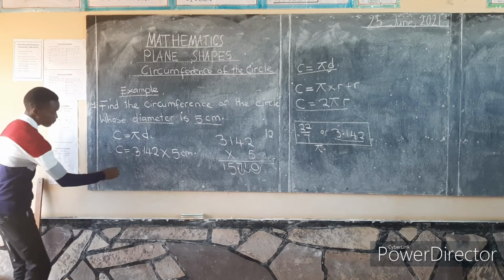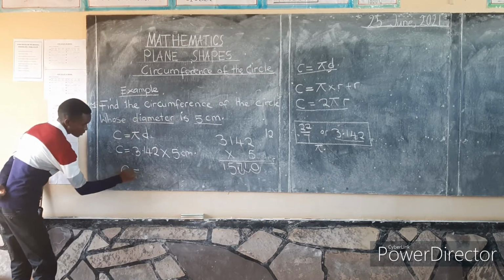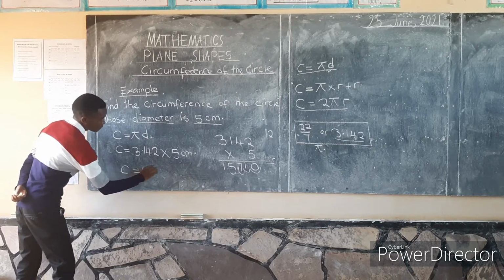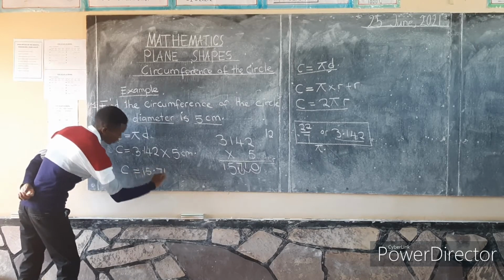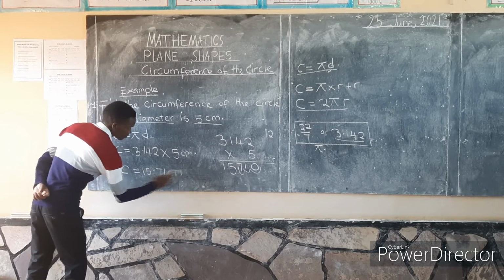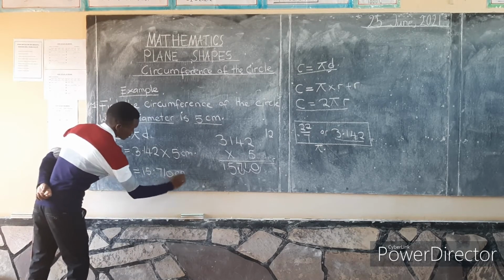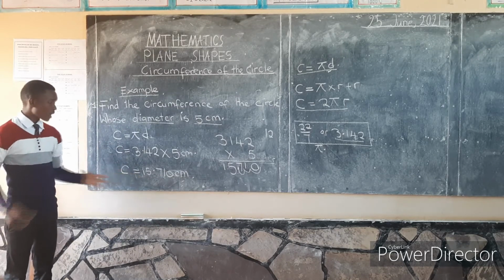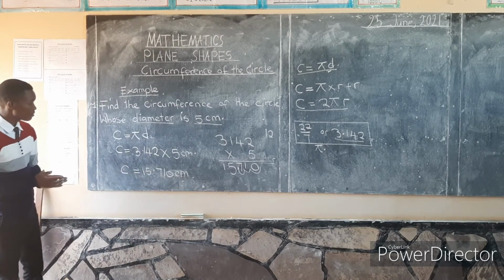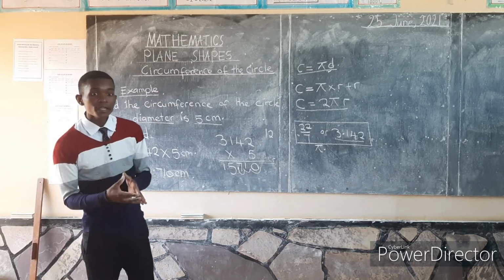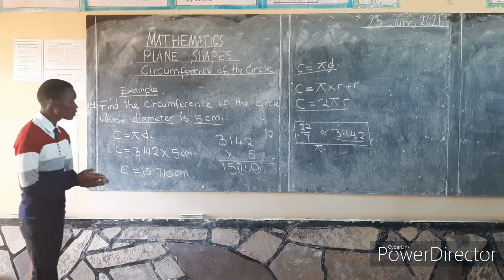Therefore, circumference is equal to 15.71 centimeters. Now, here, for us, we can even do what? Round it off to the nearest whole number, so that it can look perfect.